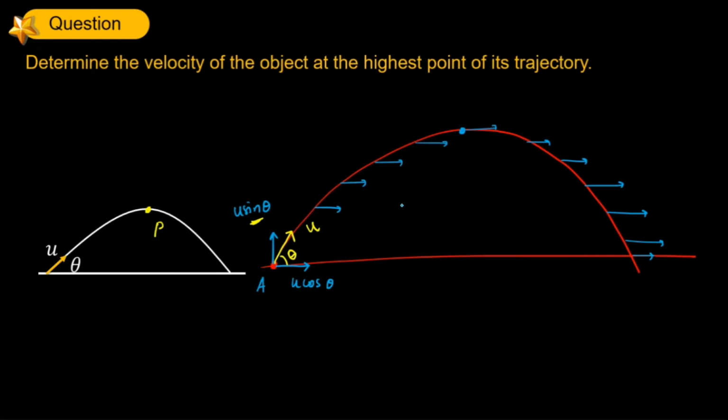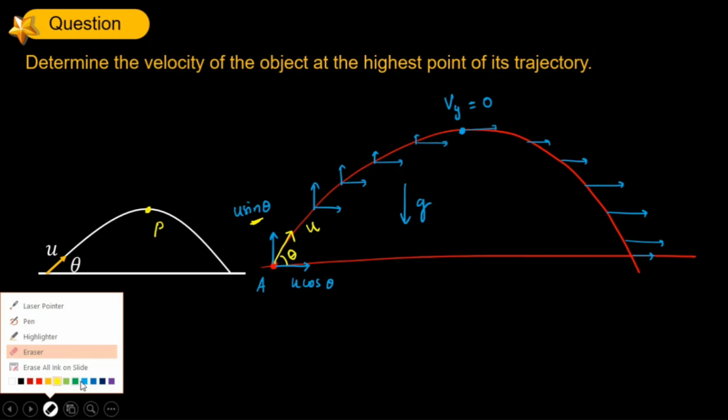Due to gravity, which is acting in downward direction, u sine theta keeps on reducing. And as it starts decreasing, at this particular point, Vy becomes 0. That is the reason why it is not going upward anymore. If Vy were there, the projectile should go like that, but it is not going that way. It is because it doesn't have any velocity left in the upward direction to move it up.